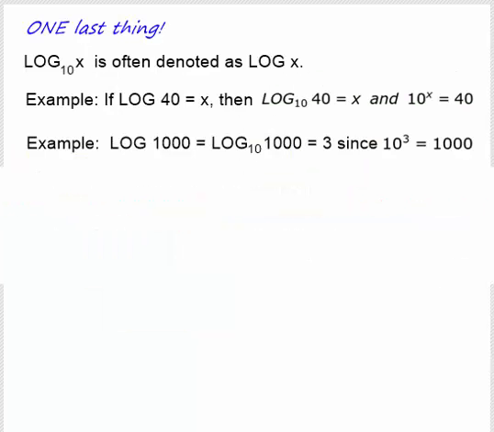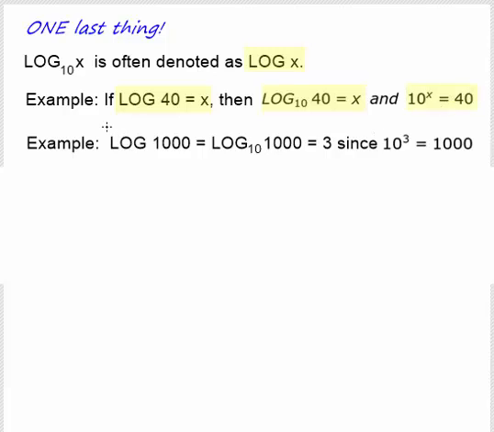And here's one last thing. The base 10 log of x is often denoted as simply log of x. The base is left off. So when you see no base, that means base 10. Here's a few examples. If we have log of 40 equal x, that's really the same as base 10 log of 40 equal x, which then if we rewrite it in exponential form is 10 to the x power equal 40.